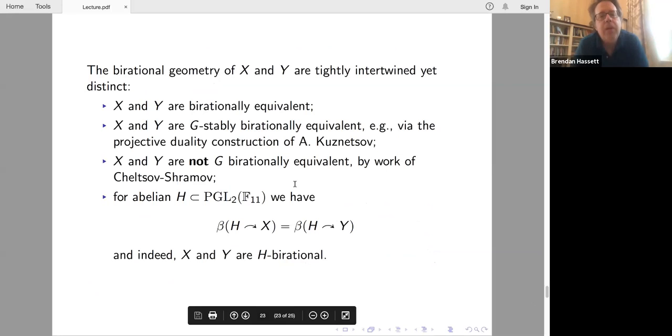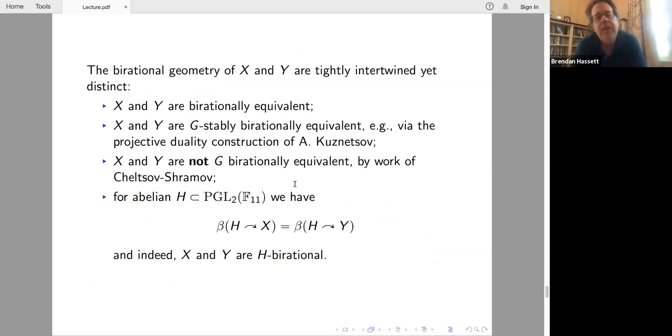Well, X and Y, the cubic threefold and the Fano variety of genus 8, are birationally equivalent to each other. They are even stably birationally equivalent in a way that is compatible with the G action.